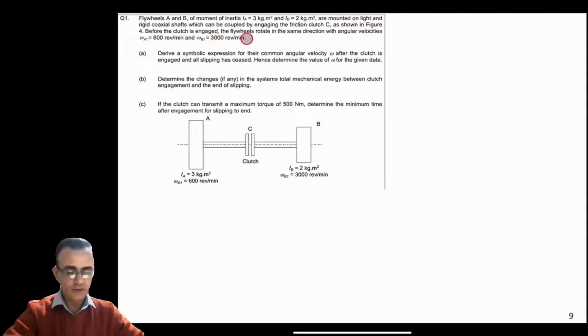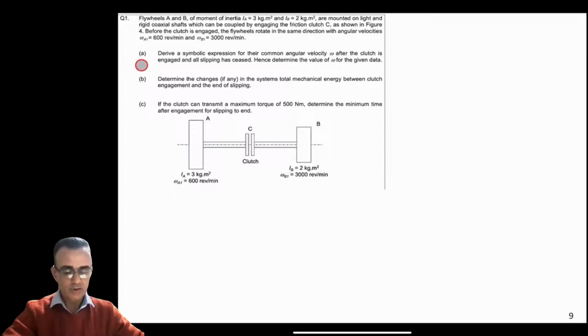Before the clutch is engaged, the flywheels rotate in the same direction with angular velocities omega A1 is 600 and omega B1 is 300. So the initial velocity here is 600 and here is 300.